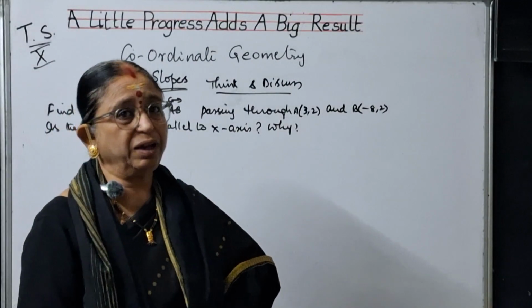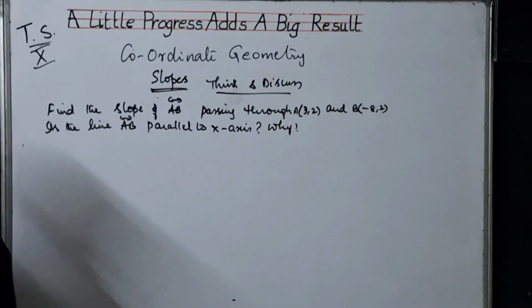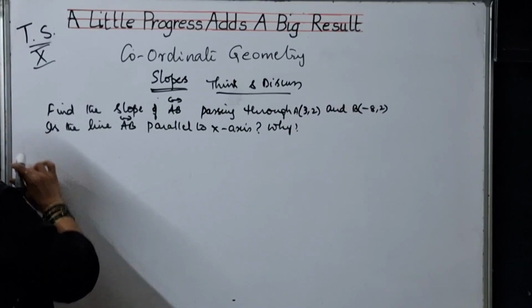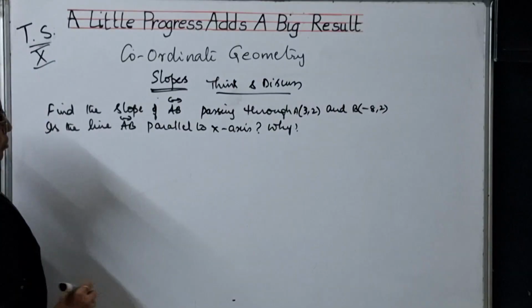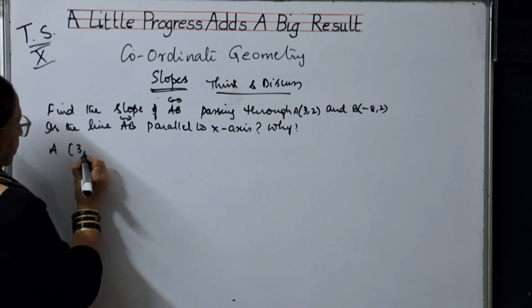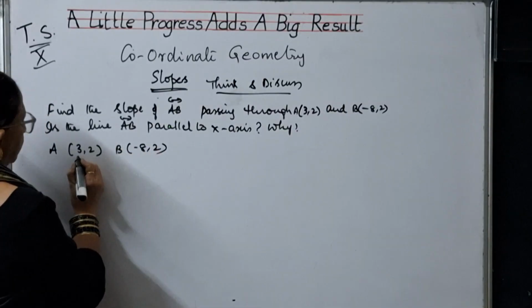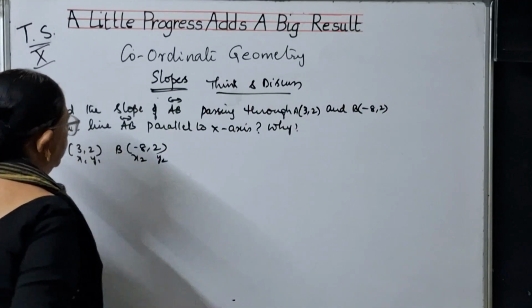Now, even this think and discuss problem is going to give you another property. So, I'm doing this. In this case, find the slope of AB passing through 3 comma 2 and minus 8 comma 2. So, A is 3 comma 2 and B is minus 8 comma 2. X1, Y1, X2, Y2.